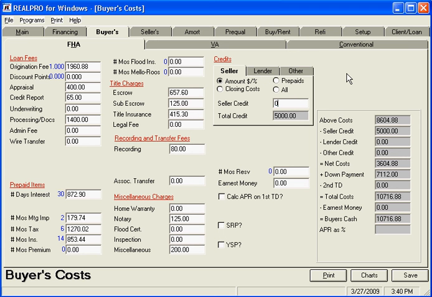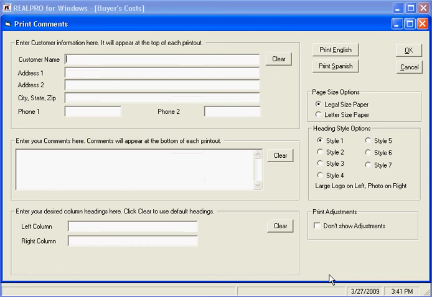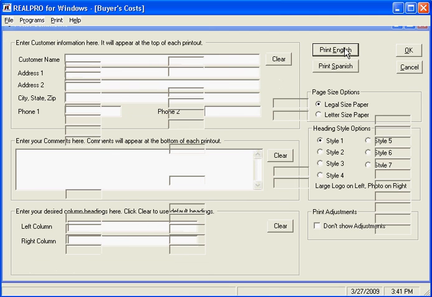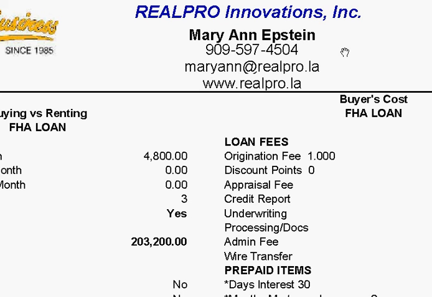I'm going to take this back to 0 though. You can also calculate the APR. I'm going to go to print. I can print it in English or in Spanish. I will attach the PDF files to the video. I'll make this smaller so it'll fit.